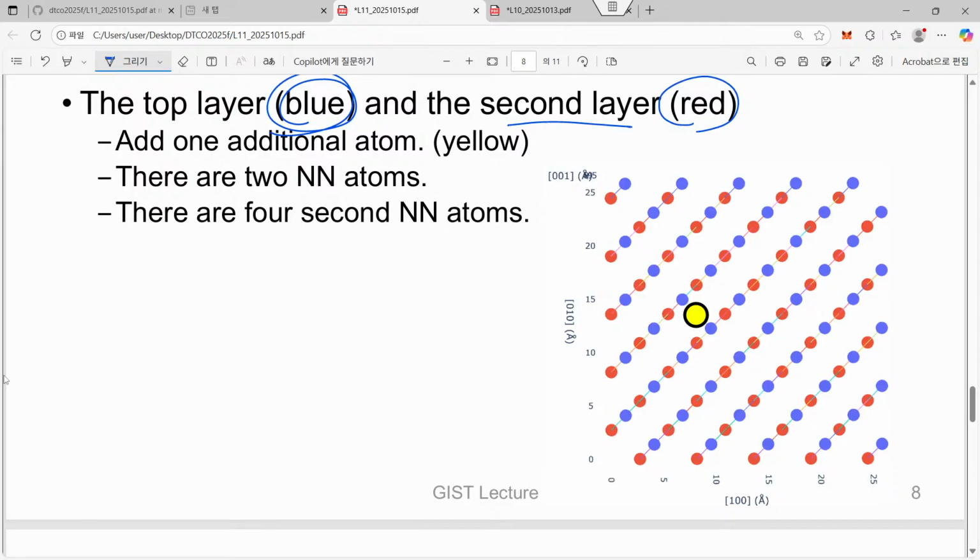So please try to imagine, and if you cannot get it right now, then please do your own mental exercise. Now we have the top layer corresponding to the blue one.